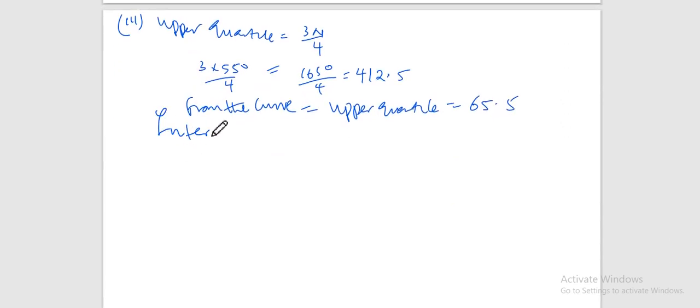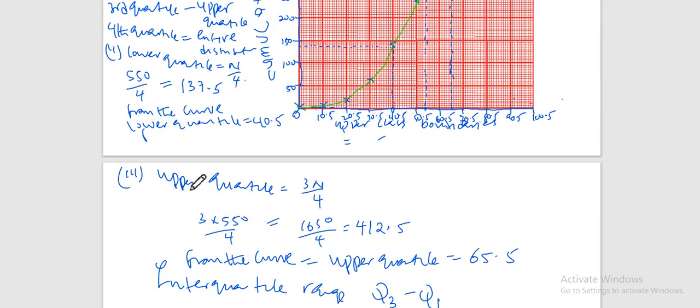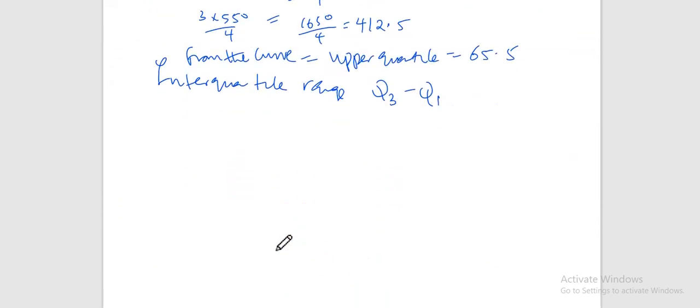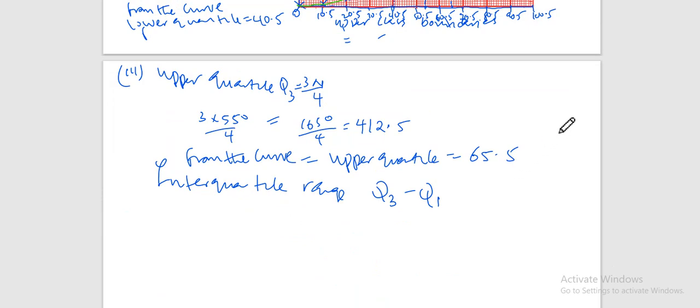The interquartile range is Q3 minus Q1. I forgot to state this. Q1 is the lower quartile, not the upper quartile. It's represented by Q1, while the upper quartile is Q3. Now the interquartile range is given by Q3 minus Q1.